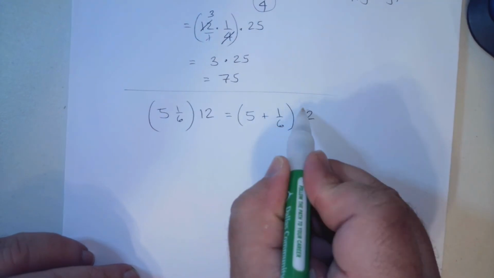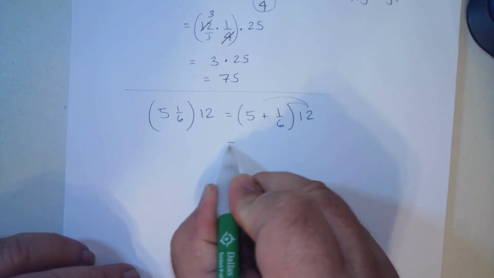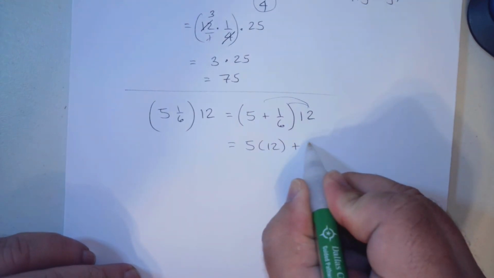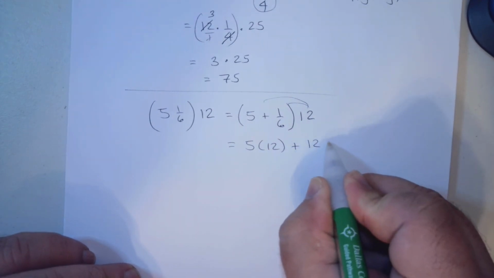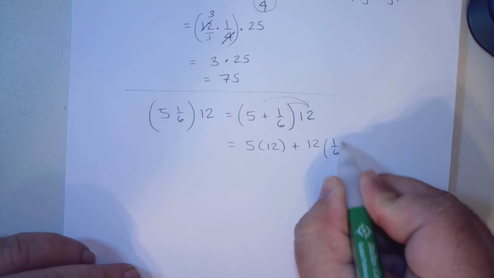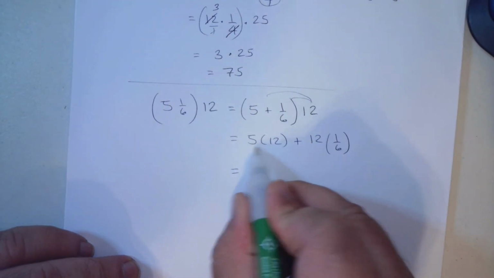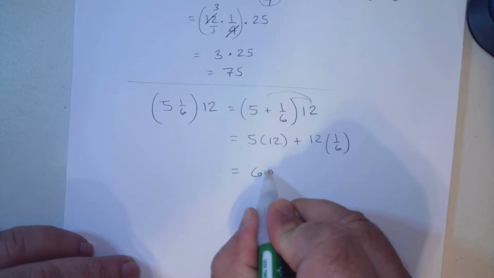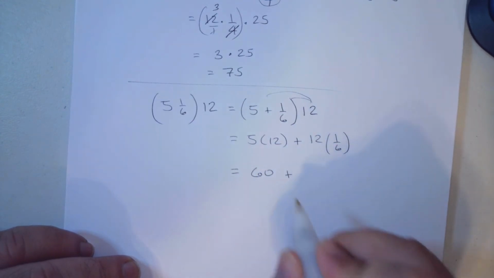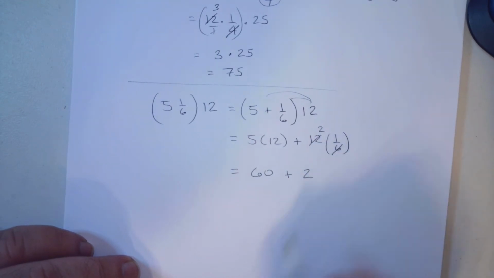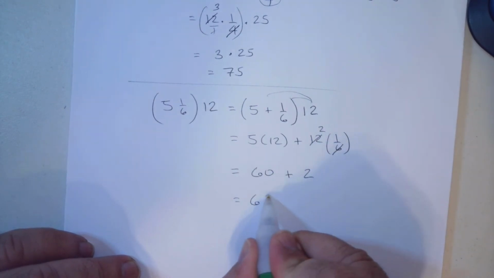Since there's a plus there, I can distribute now. 5 times 12 plus 12 times 1/6. 5 times 12 is 60. 6 goes into 12 twice, so this equals 62.